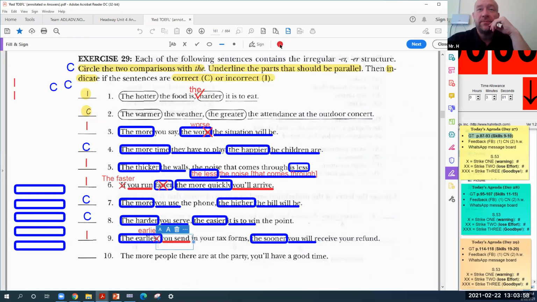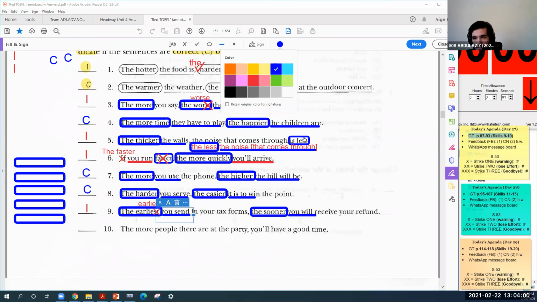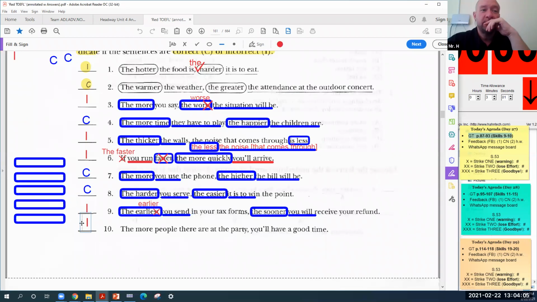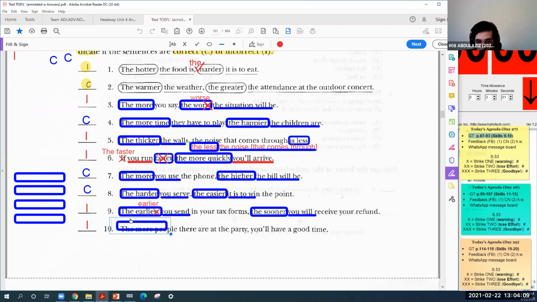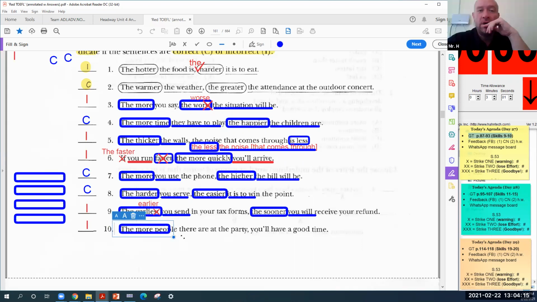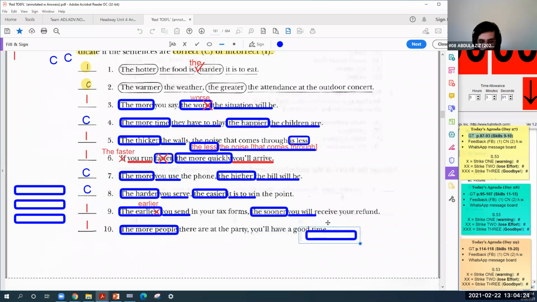Abdulaziz. Incorrect. The last one? Yes. Where's the problem? Good time. The second should be the better time. The more circles should go here, right? The more people. Where is the second circle? Good time.